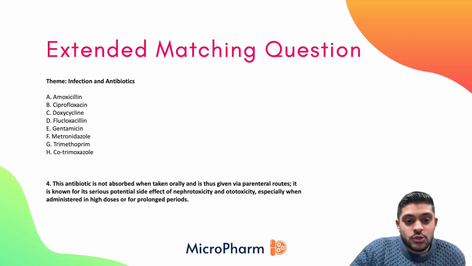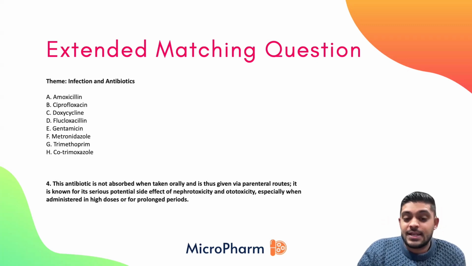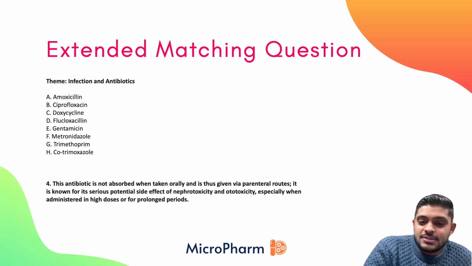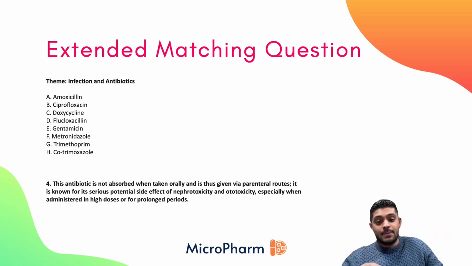The only time where it's contraindicated for use is if the person has a perforated eardrum or the patient has a grommet. Does anyone know what a grommet is? Some of you may have had your own grommets inserted. It's actually like a small piece of tubing that sits within the tympanic membrane, which is your eardrum.